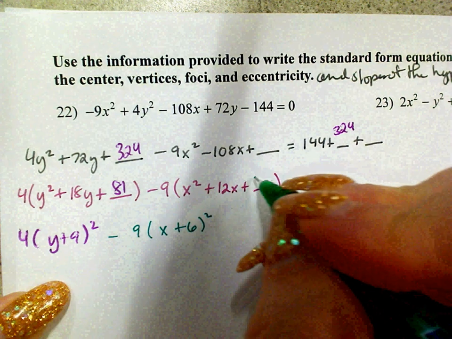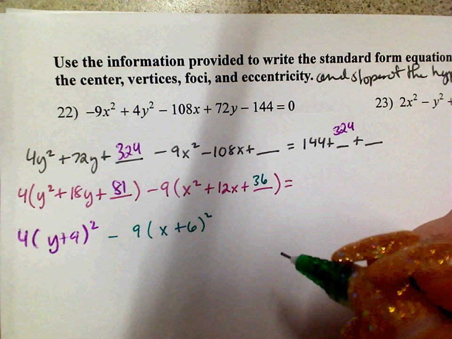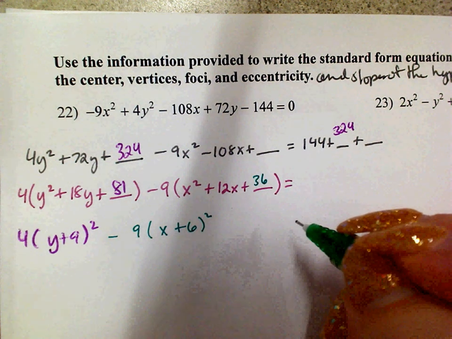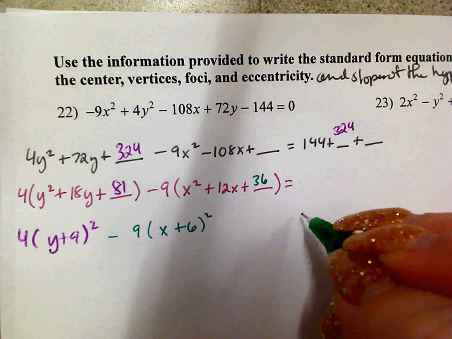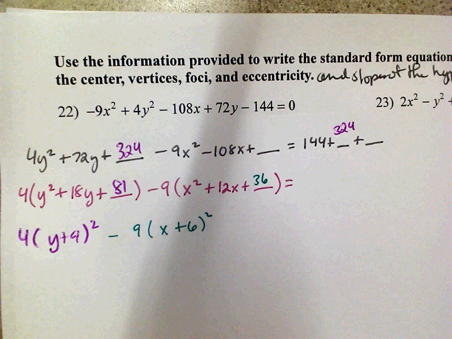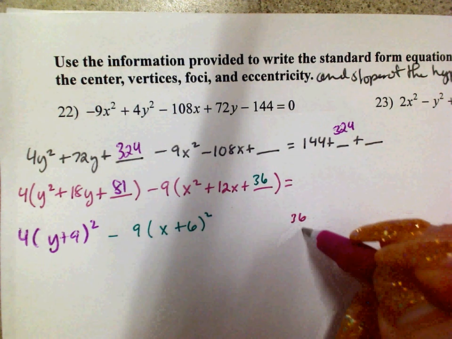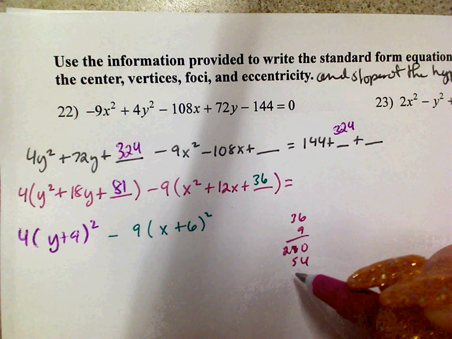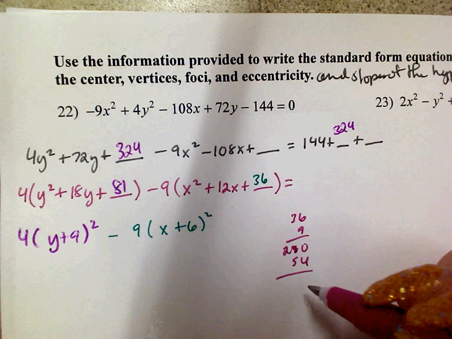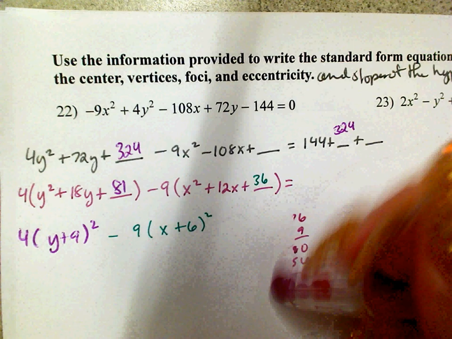And 36 times 9 is... What is 36 times 9? Let's see. 36 times 9 is going to be 270 plus 54, so 324.